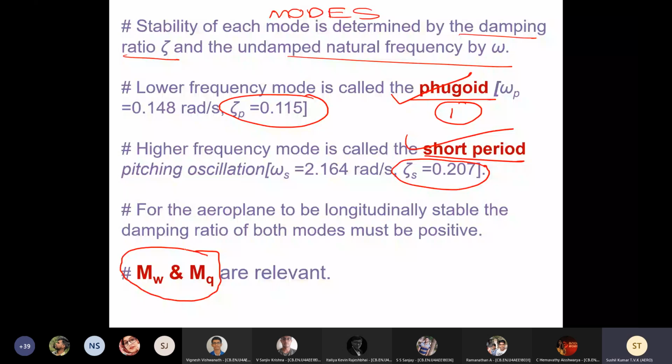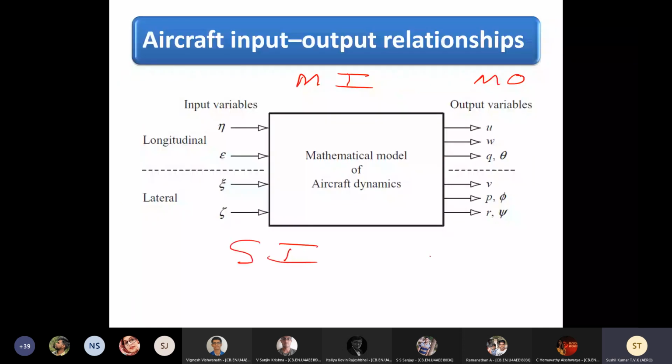I'll quickly repeat it so that you understand the flow. We start with a mathematical model. We are interested in a multi-input, multi-output system. So multiple inputs are there and we have multiple outputs. In control theory, what you saw was single input, single output, so that is a small change we are making.